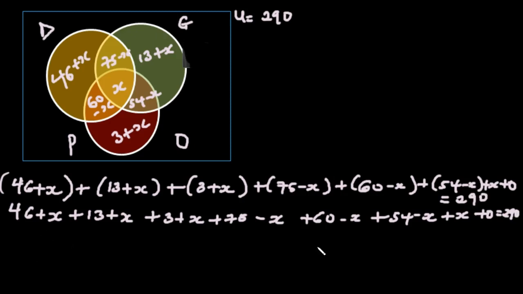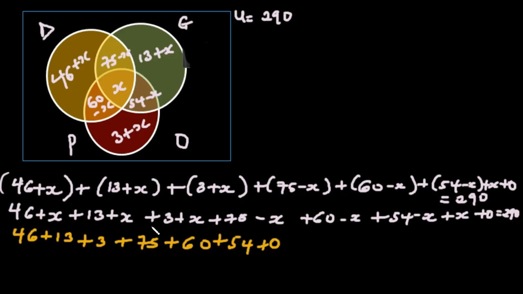So now, let's collect like terms. Let's see, we have 46 plus 13 plus 3 plus 75 plus 60 plus 54, then plus 0.